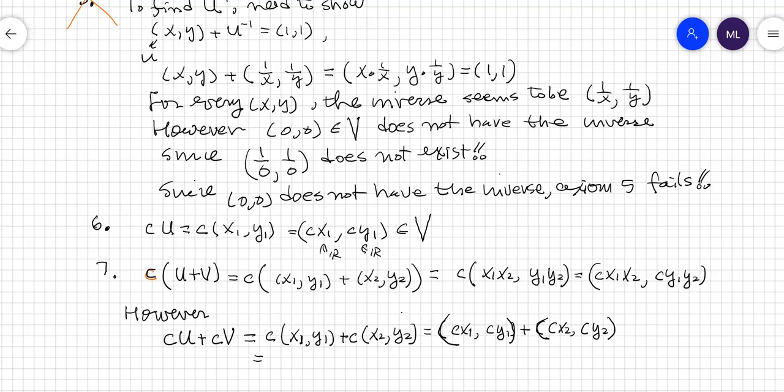But this is again by definition (c squared x1x2, c squared y1y2).